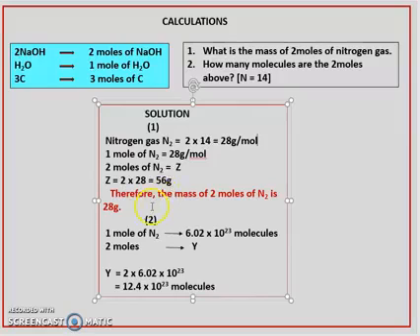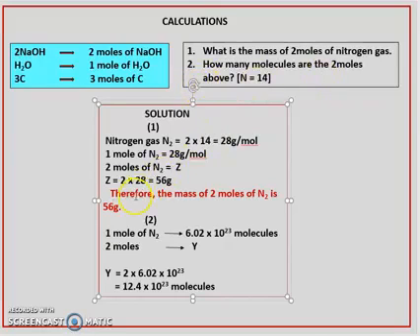Are you getting it? Therefore, the mass of 2 moles of nitrogen gas is 56 grams. Okay? The second question says, how many molecules are in the 2 moles above?